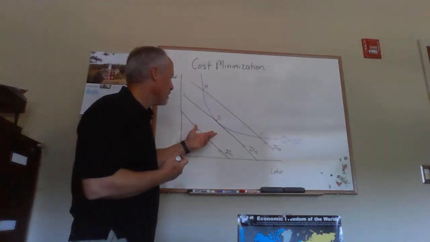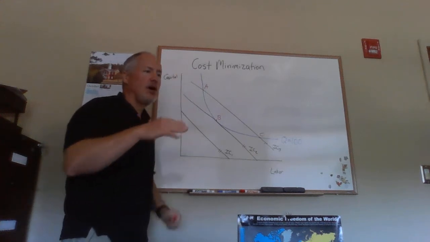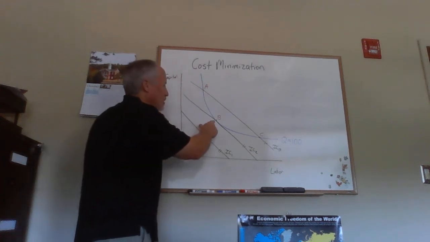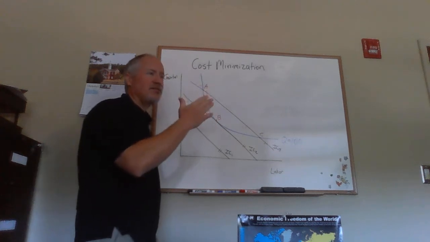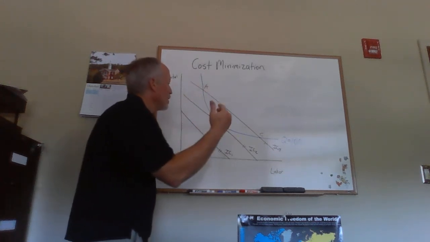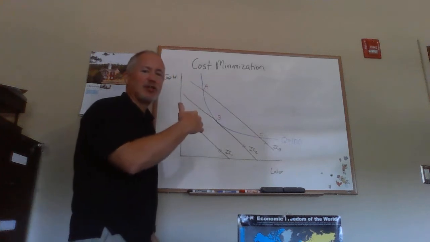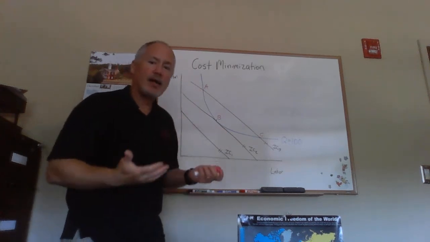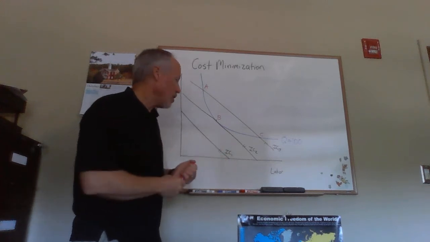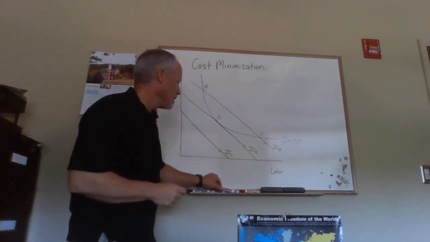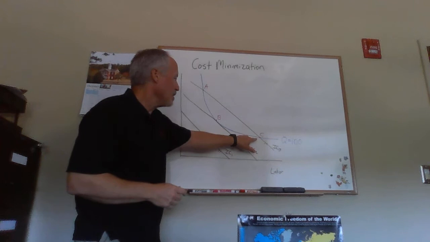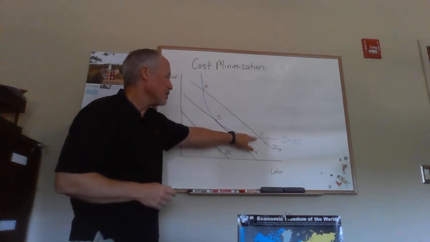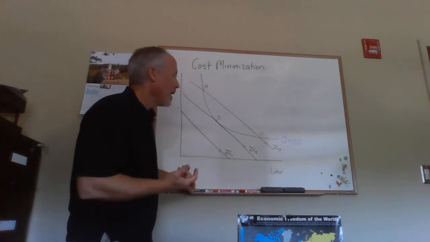The isoquant comes in and just happens to be tangent to the isocost at point B. It's neither steeper nor flatter, so it doesn't cut any farther in toward the origin than IC2. IC2 is going to be the lowest cost isocost you can get on, given that the firm is going to produce 100 units of output.